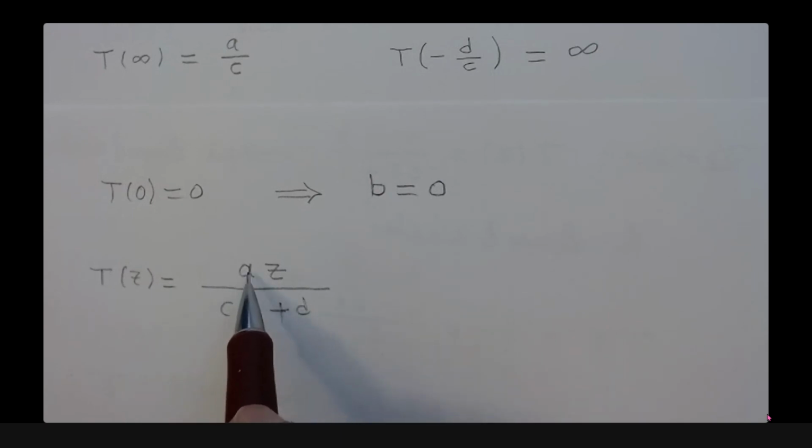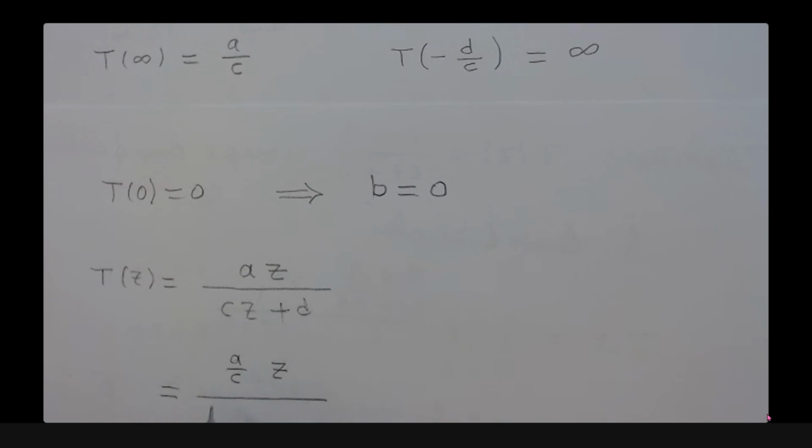Definitely A is not going to be 0, or C is not going to be 0. That is why maybe I should divide by one of these parameters to make things easier. If I divide by C, I will get A over C times Z, divided by Z plus D over C.